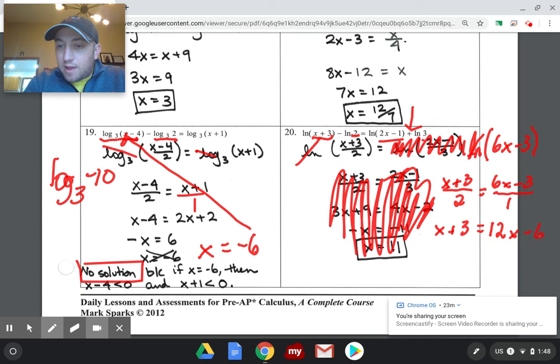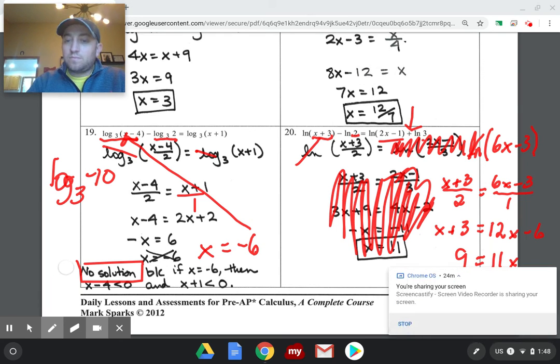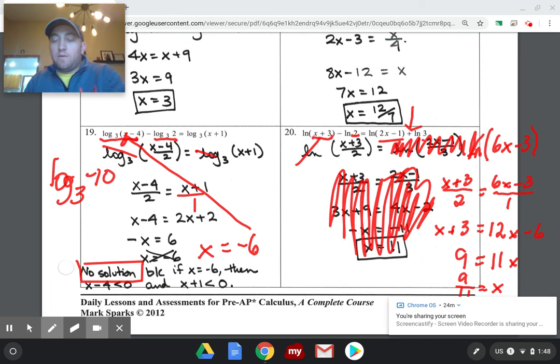Subtract x from both sides. I would have 11x. Add 6 to both sides, is equal to 9. X is equal to 9 over 11. Okay, 9 over 11.